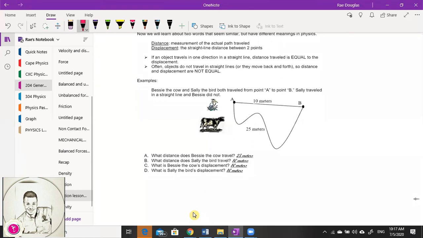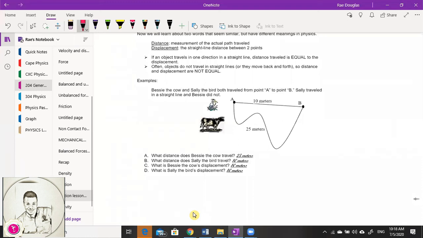What distance did Daisy travel? 25 meters. What distance did Sally the bird travel? 10 meters. All right, fair enough. Now the question is, what is the displacement? What is Daisy the cow's displacement?